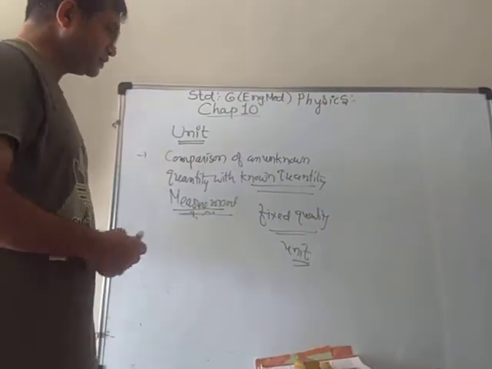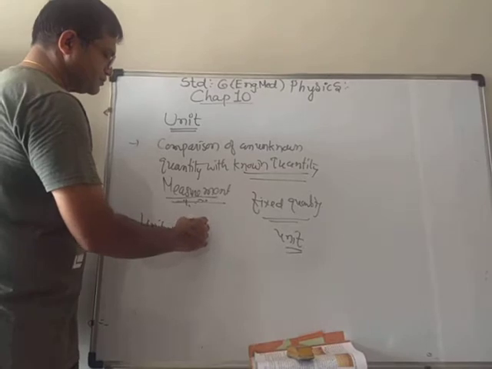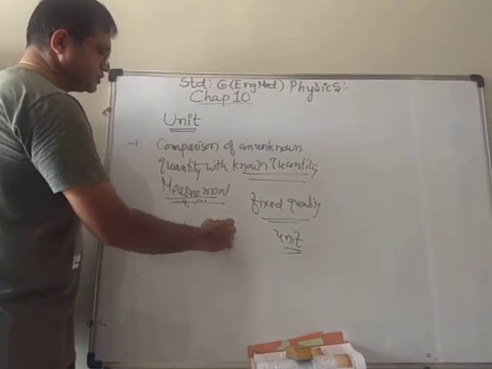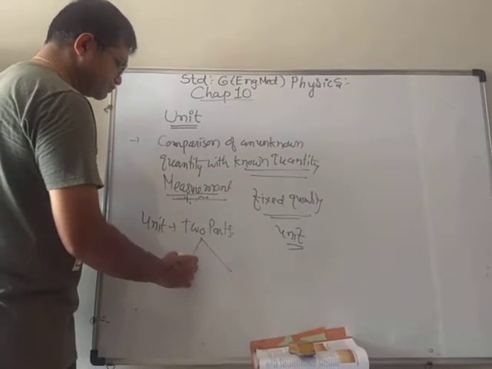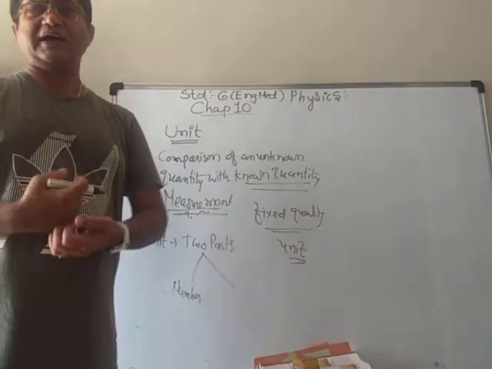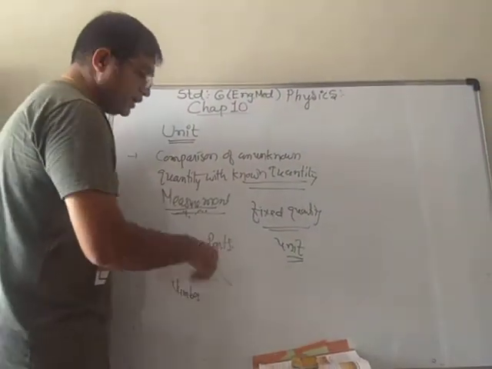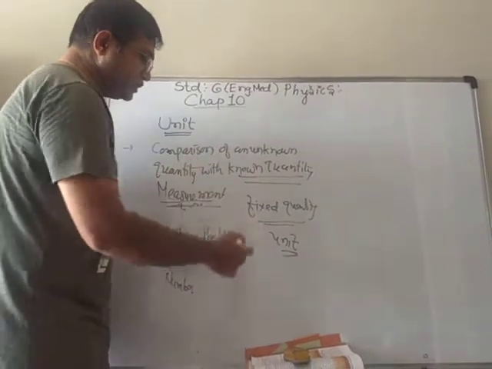Now, unit is written in two parts. One part is a number. It can be any number 1, 2, 3, 4, 5, 7.9, etc. And the other part is known as the unit of the measurement.